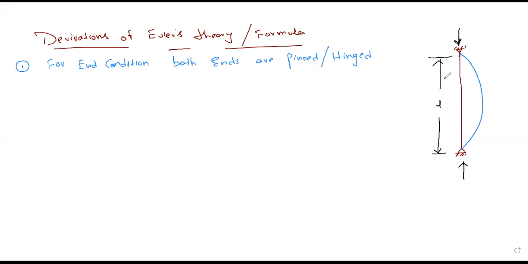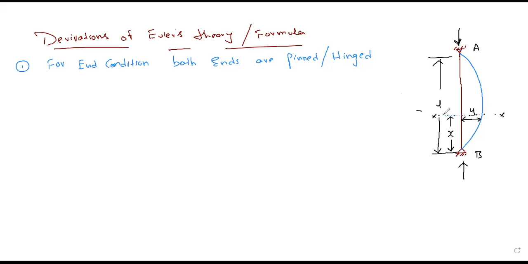Okay, right. So for the derivation, what we do is take a distance of x from support B. At a section, take the section xx, the deflection is y.